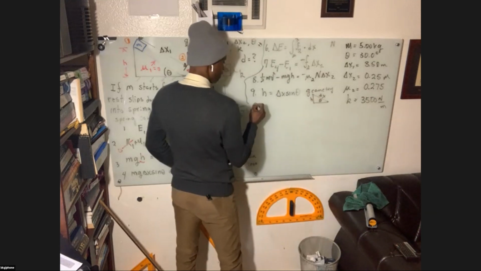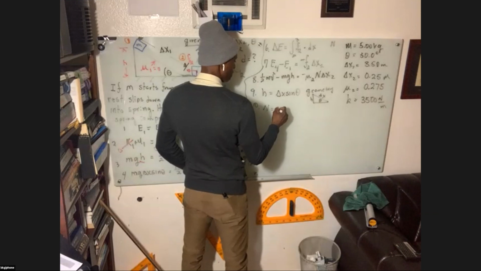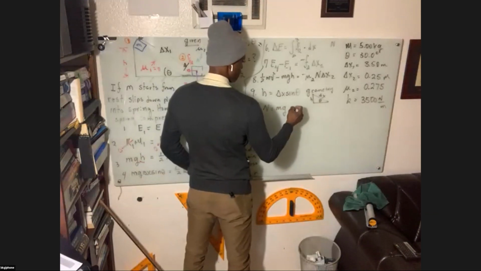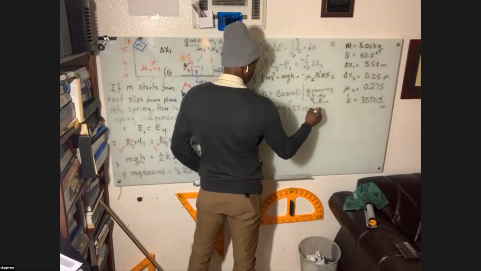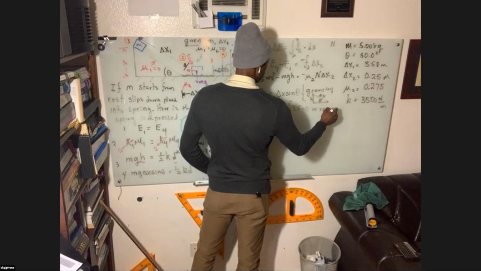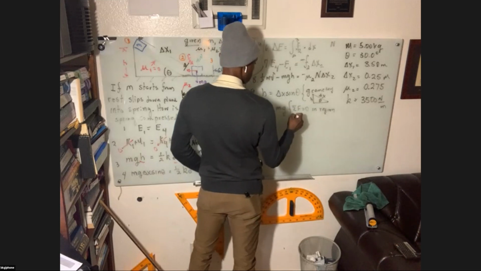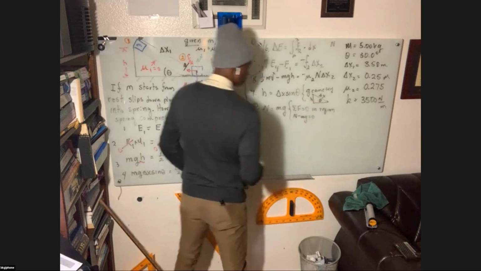And for this equation, the normal force is equal to mg, and that's from the first law, that the net force equals 0 in region 2. So that becomes normal force minus mg equals 0.